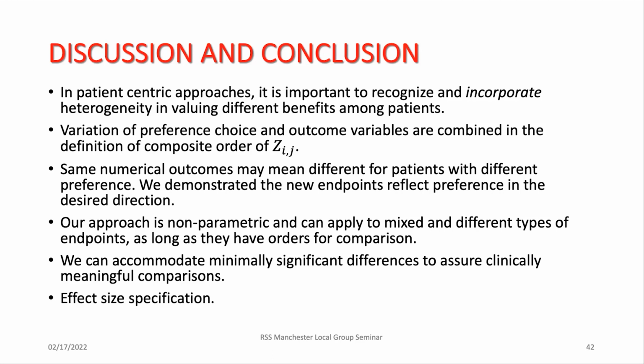Our approach is non-parametric, and you can use all kinds of mixed endpoints, survival, continuous, categorical, as long as each outcome can be compared univariately. We also allow for a minimal significant difference, which I think is important for clinically meaningful change.